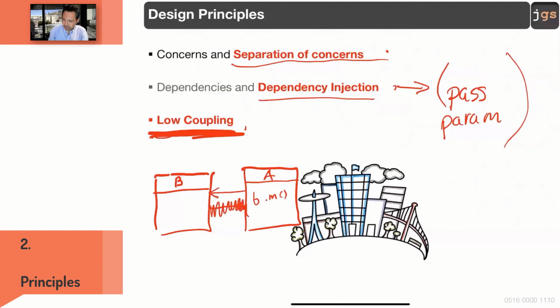Why? The coupling is a little bit lower than in the previous example. Because now instead of an object that is a global variable, I have an object that is a local variable. In the previous example, the new is here.